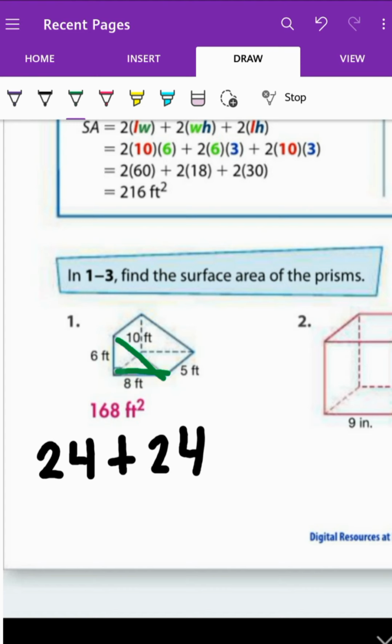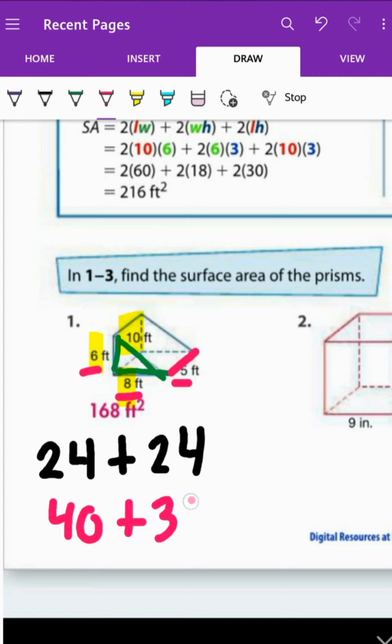Now we start. The 3 dimensions are given, which are 10, 6 and 8. Okay, that makes it easy. So each side of the rectangle multiply the height. Each side by height gives me one rectangle. Let us start with the 8. 8 by 5, 40, plus 6 by 5, 30, plus 10 by 5 equals 50.